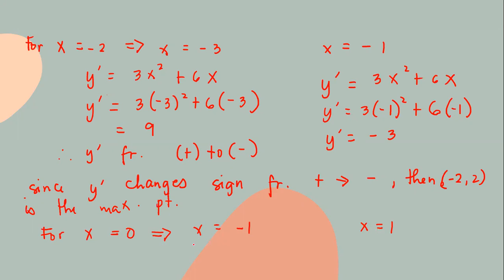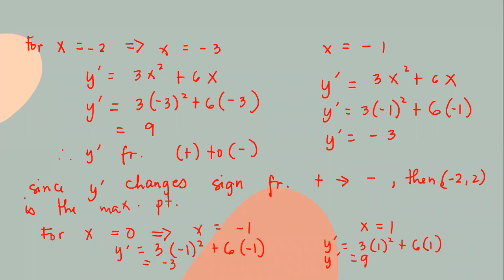Therefore, if x is negative 1, your y prime is equal to 3 times negative 1 squared plus 6 times negative 1. Your y prime is equal to negative 3. Then, at x is equal to 1, y prime is equal to 3 times 1 squared plus 6 times 1, y prime is equal to 9.